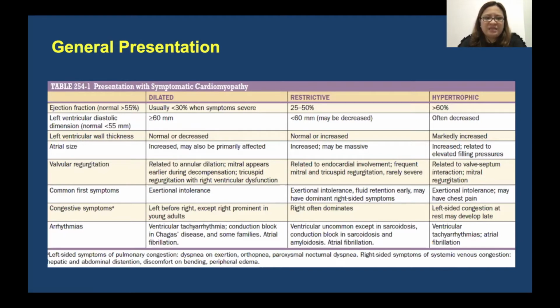So left-sided symptoms of pulmonary congestion include dyspnea on exertion, orthopnea, paroxysmal nocturnal dyspnea, and right-sided symptoms include systemic venous congestion such as hepatic and abdominal distension, discomfort on bending, and then peripheral edema.